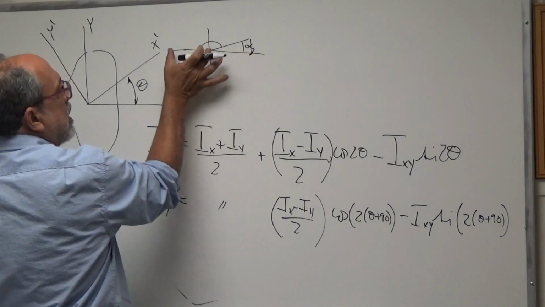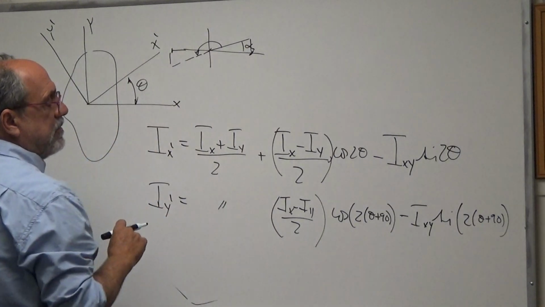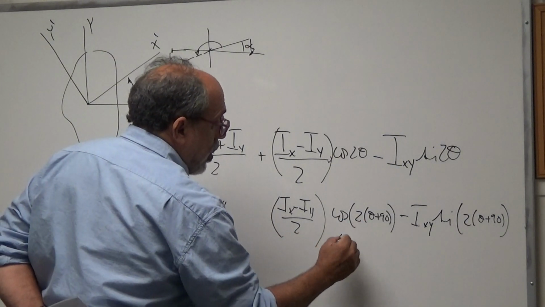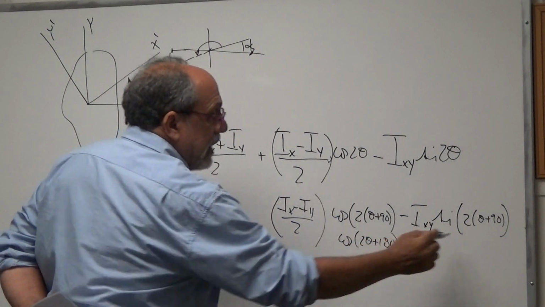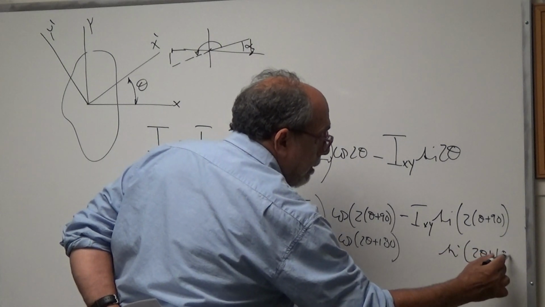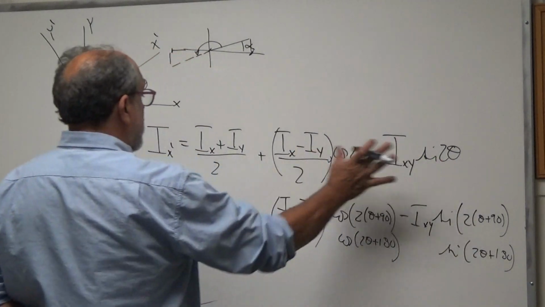So if this was something, this is just a negative, right? And the sine is also the negative. Now look at this. This right here is cosine of 2 theta plus 180. And this here is sine of 2 theta plus 180.